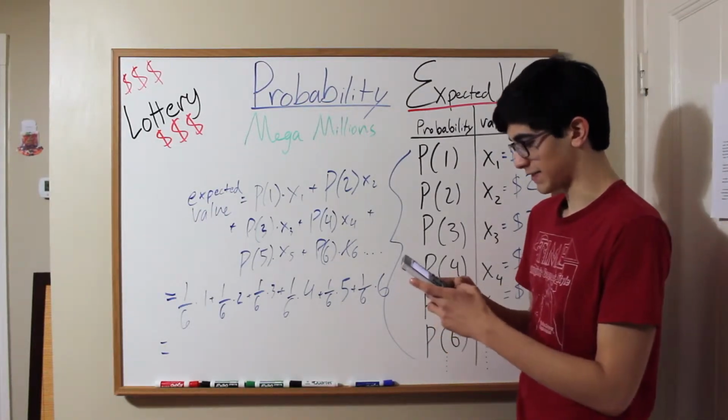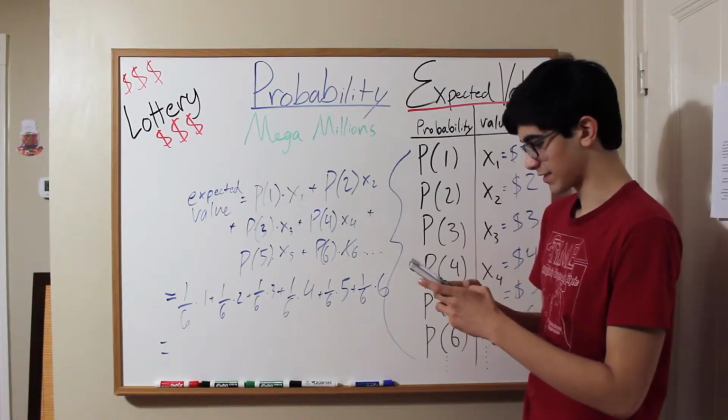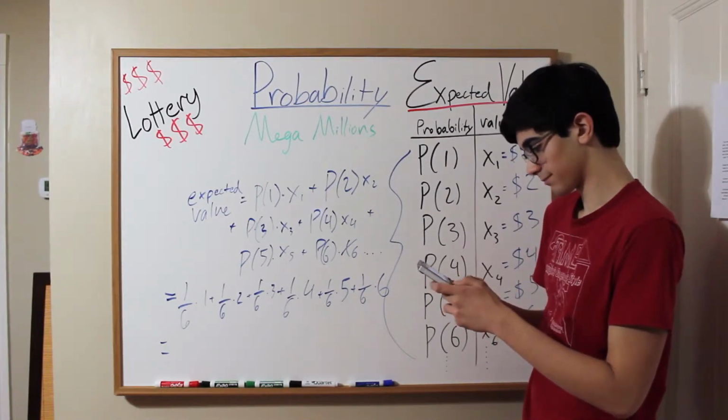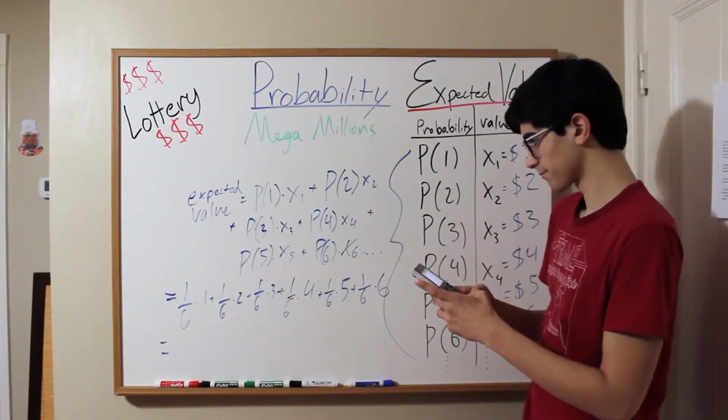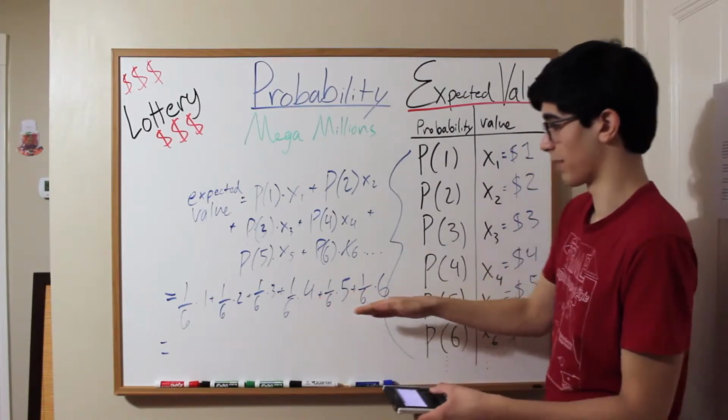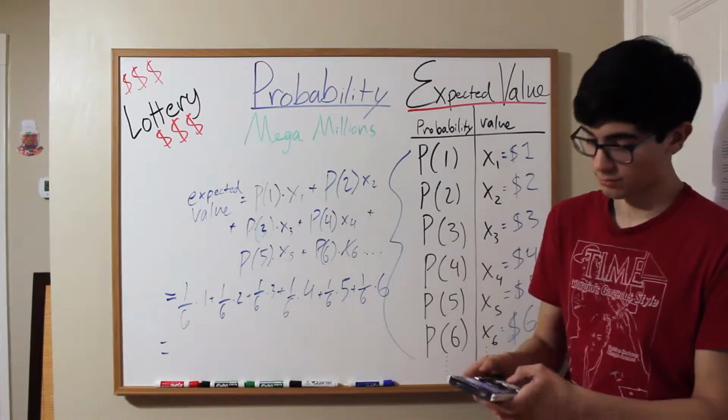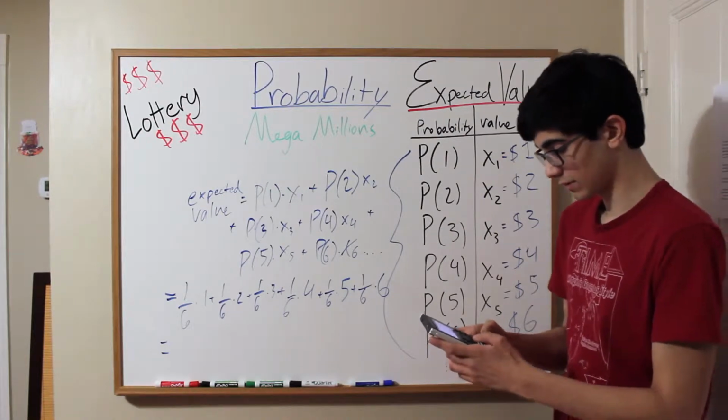And you get the idea, 5/6 and 6/6, or 1. So you add all of these together, and you get 7/2, otherwise known as 3.5.